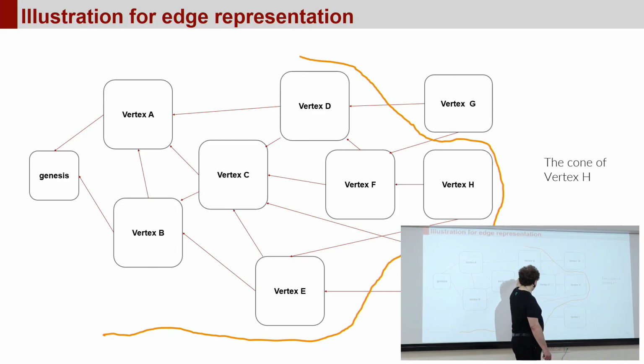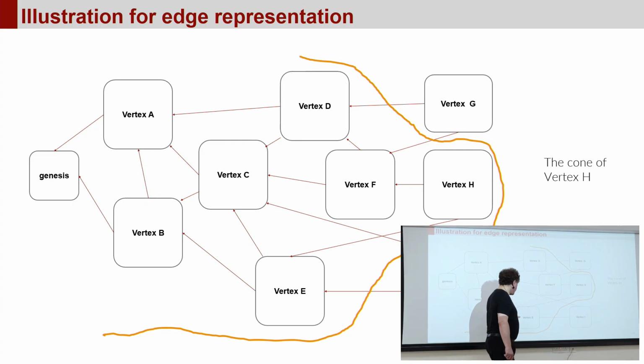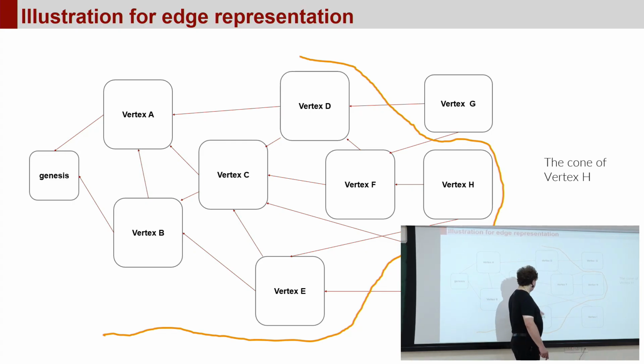It points to vertices D and F. Now it may be the case that vertex E is conflicting with vertex D, okay?